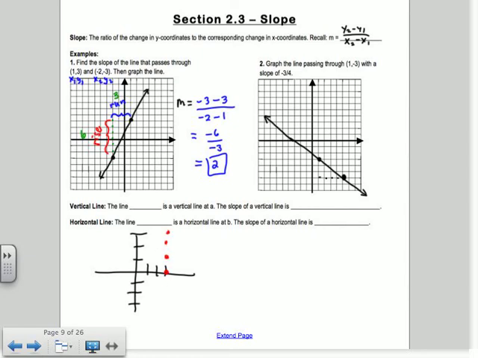So all of these points are 3, something. Like you go over 3 and then you go up and down a certain amount. So they're all 3, something. Like this is (3, 1), this is (3, 2), (3, 0). Okay, so is 3 the x coordinate or the y coordinate?